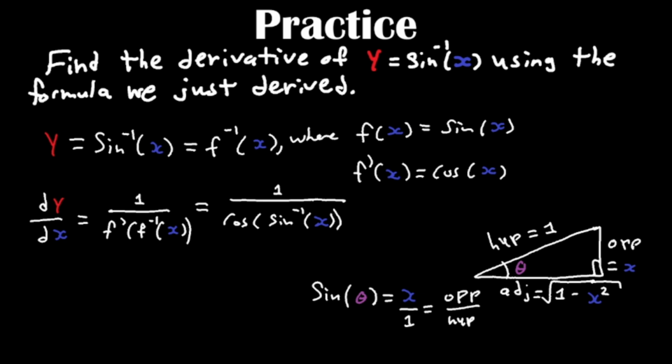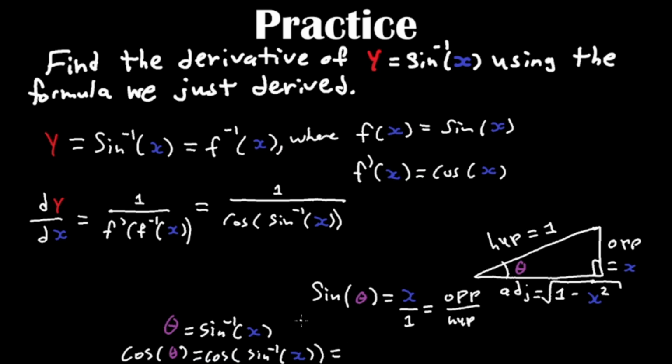If we find cosine of theta, we know that because sine theta is x, theta is sine inverse of x. So cosine of theta is going to be cosine of sine inverse of x. Our ultimate goal is to get an expression for this cosine of sine inverse of x.